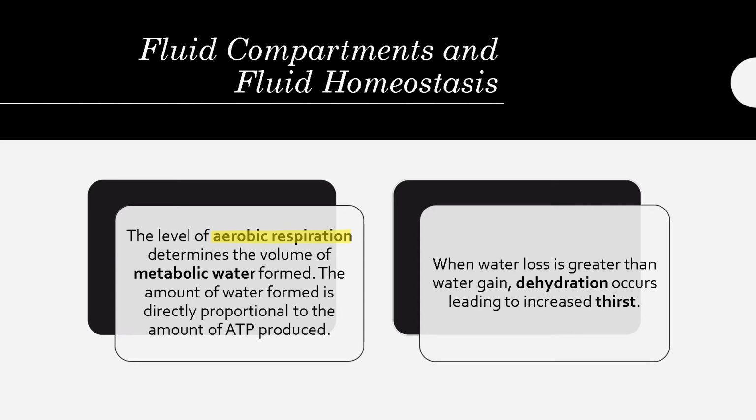Now, an area in the hypothalamus, we call it the thirst center, is going to govern your urge to drink. When water loss is greater than water gain, dehydration is going to stimulate thirst. So dehydration is going to be a decrease in volume and an increase in the osmolarity of body fluids.